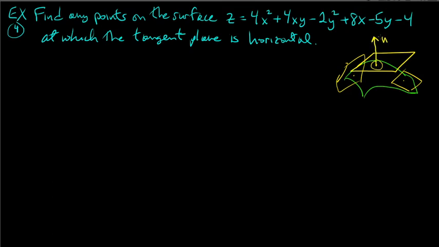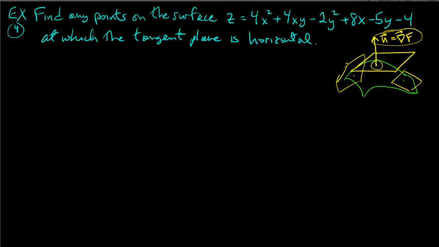The normal vector will be vertical, in other words, it'll only have a z component. Remember that the normal vector will be the gradient of capital F. So we want to know where that gradient is a vector whose components are 0, 0, and then some number for the vertical component.